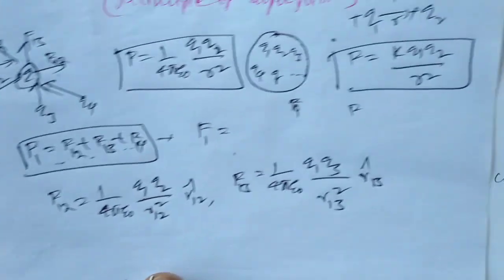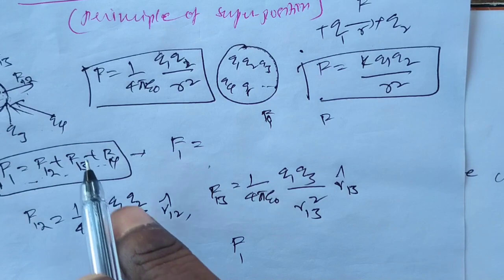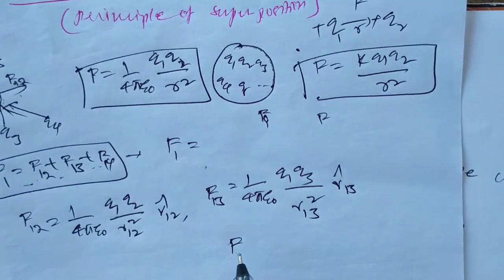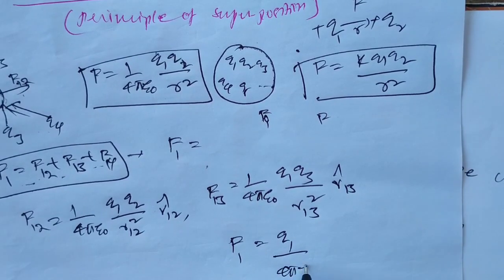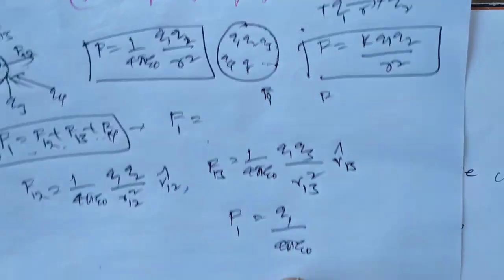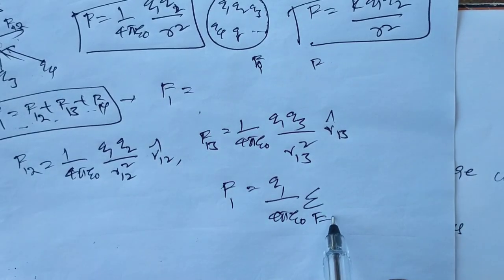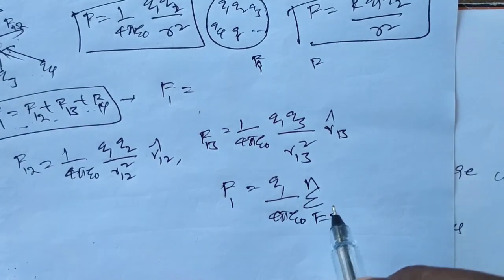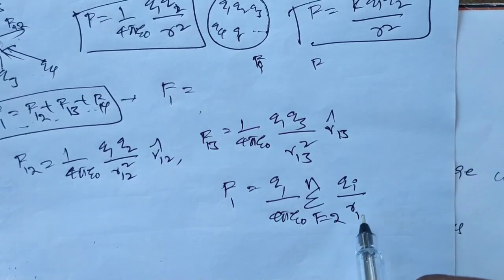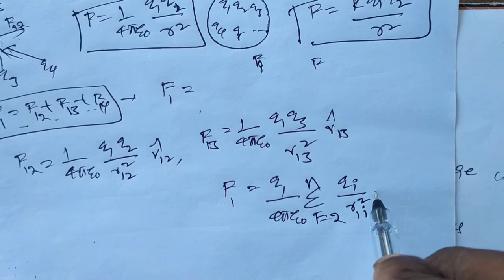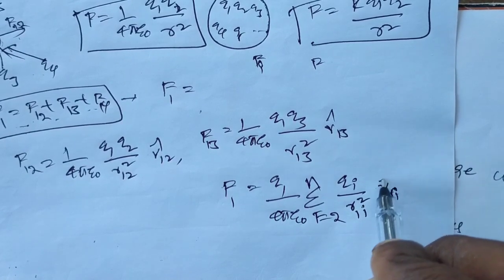This can be written as the resultant force at q1, F1, is equal to q1 by 4 pi epsilon naught, which is constant. The only variation is the summation over i from 2 to n, up to n charges, of q i by r1i square into r1i cap.